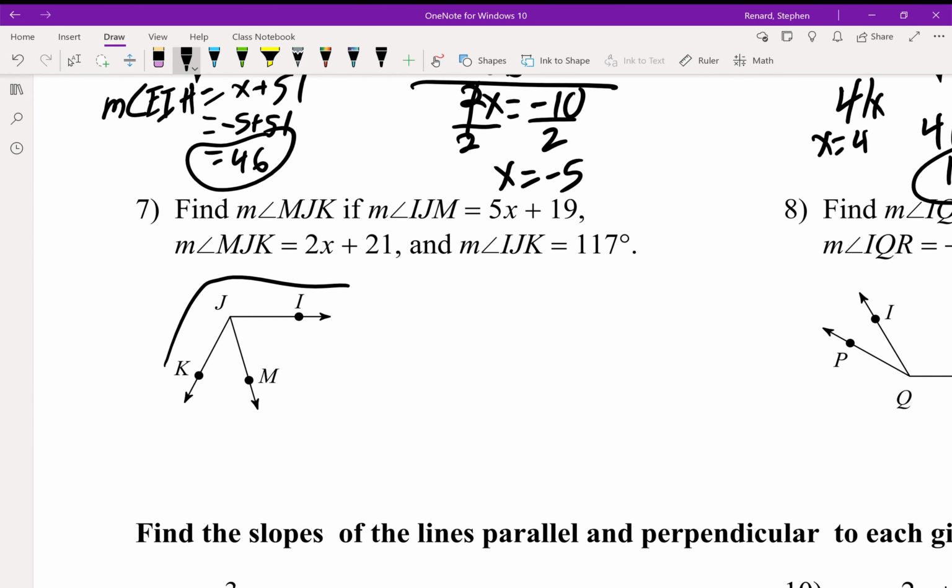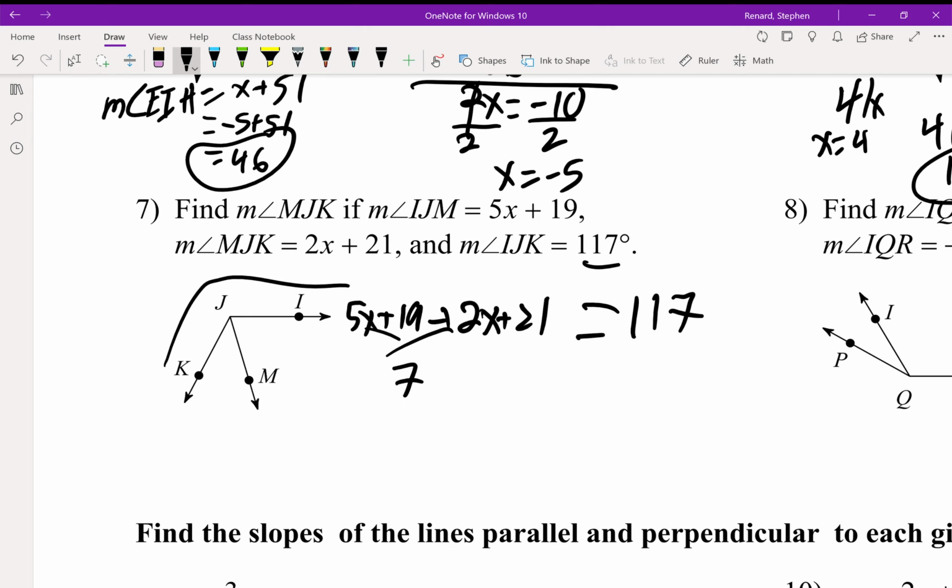Big outside angle, IJK, 117. So we put that out here. We know they have to add up to 117. So we have 5x plus 19 plus 2x plus 21 equals 117. 5x plus 2x, 7x. 19 plus 21, 40. We're going to subtract 40 from both sides.